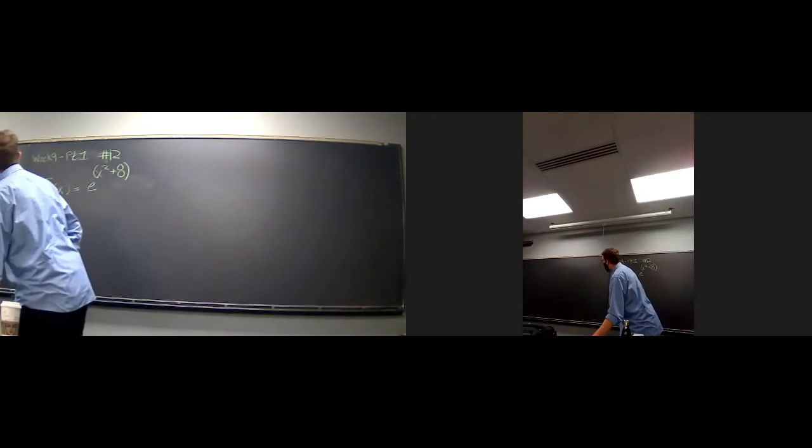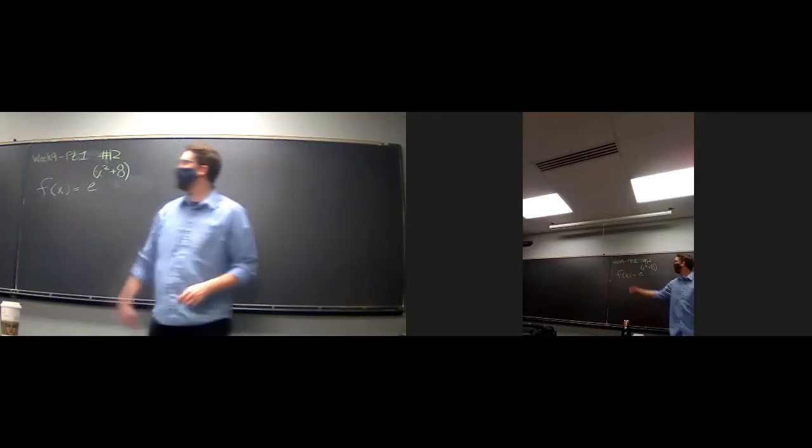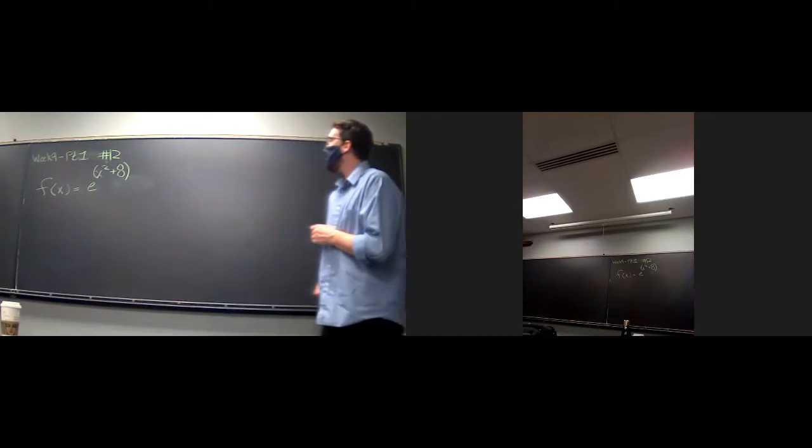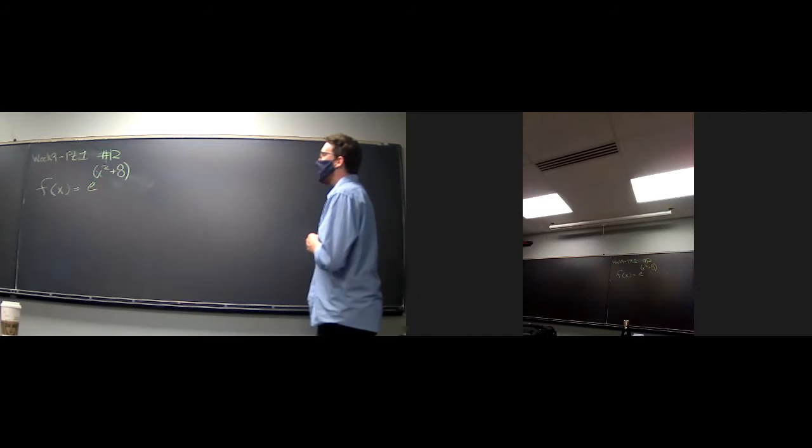All right, so looking at number 12 from week 9, part 1 homework, we're given a question that looks something like this. For some of y'all, the constant here may have changed, maybe to 10 or something else, but generally this is what the problem looks like, and it wants us to find the derivative of this.